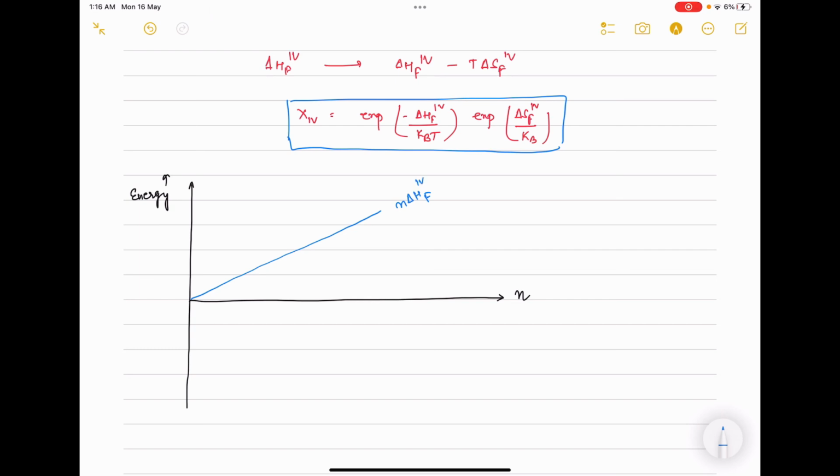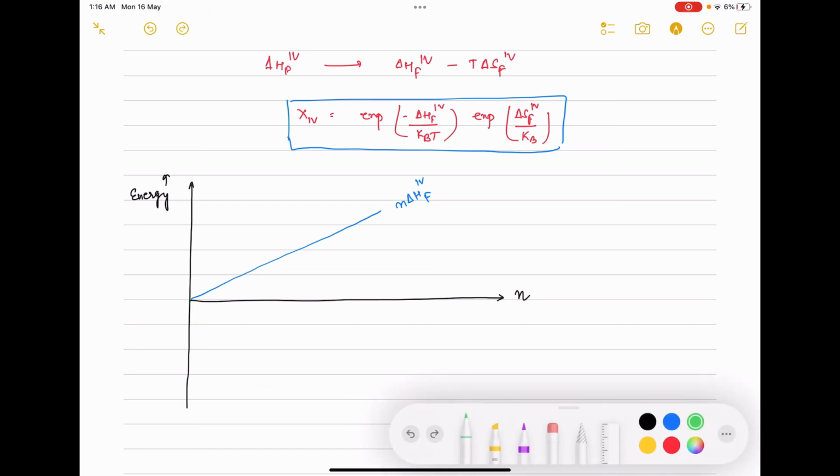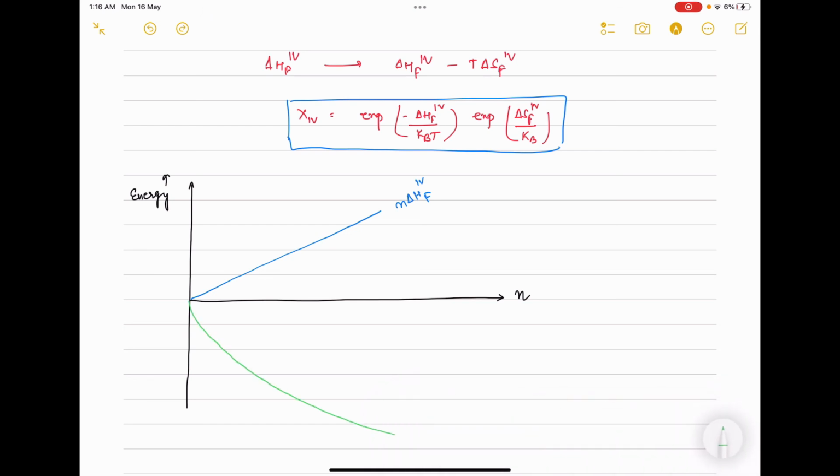It increases with increase in number of vacancies, and this curve is for minus T delta S configurational.